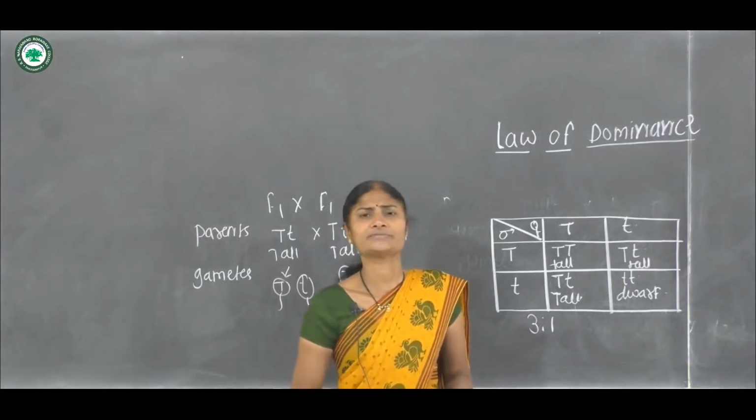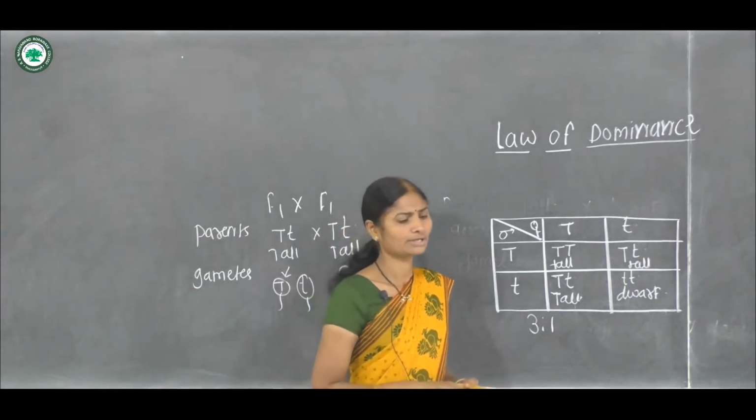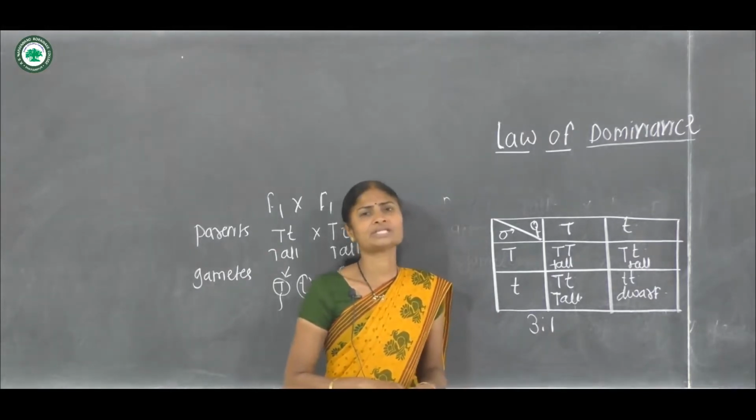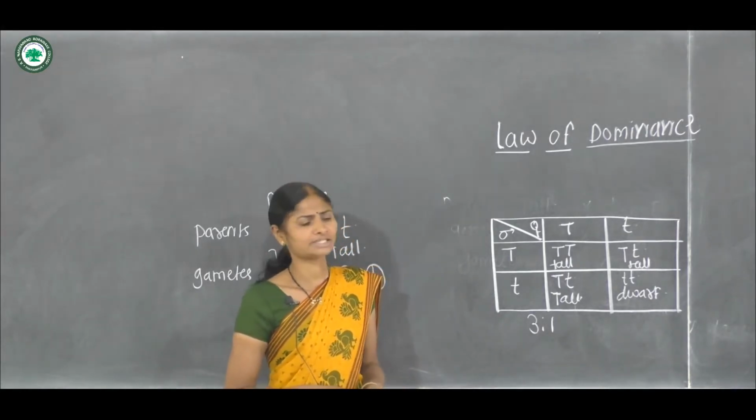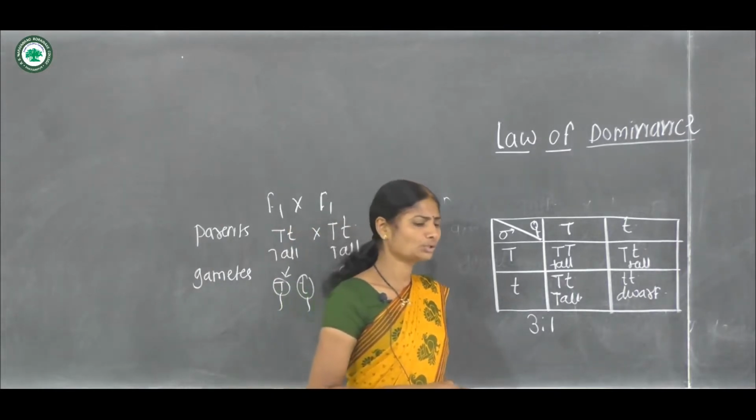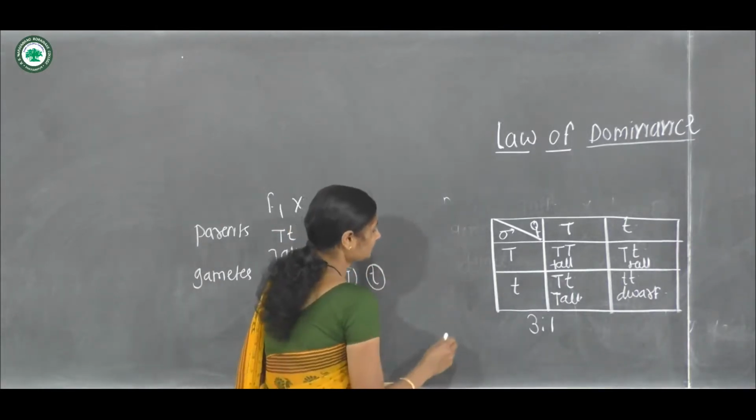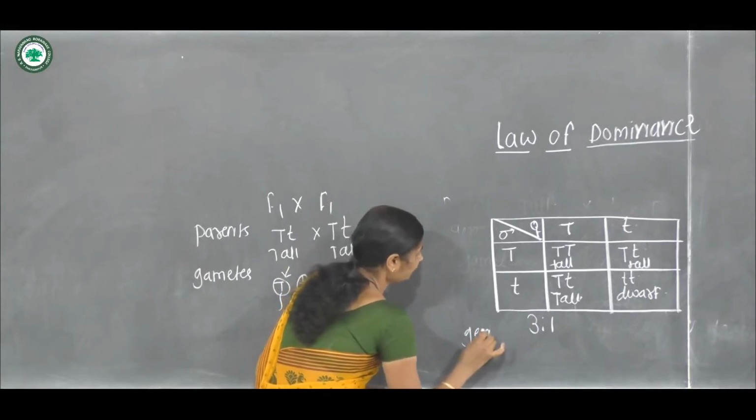This is called the phenotypic ratio, and the external appearance of an individual is called the phenotype. The genotypic ratio is different.